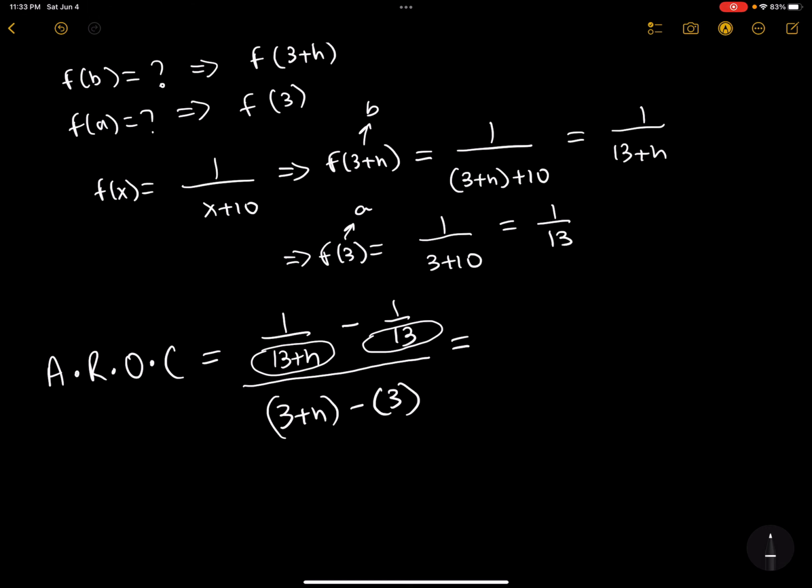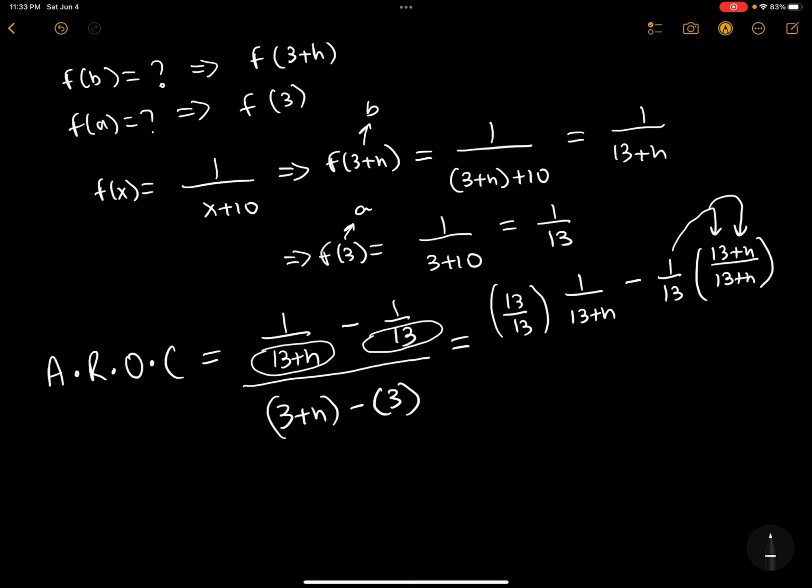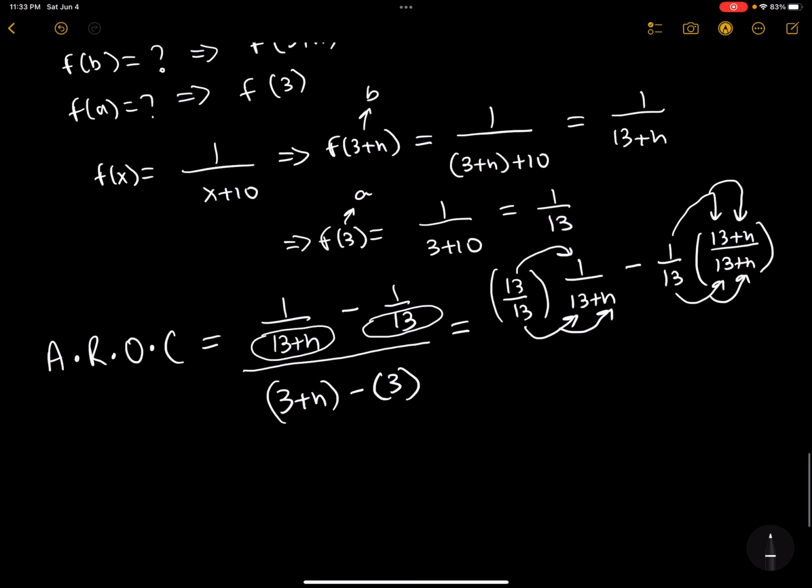I'm going to take 13 over 13 times 1 over 13 plus h, minus 1 over 13 times 13 plus h over 13 plus h. And then I will distribute it, obviously. Same thing applies here, I'm going to distribute as well. All right, let's see what we get.